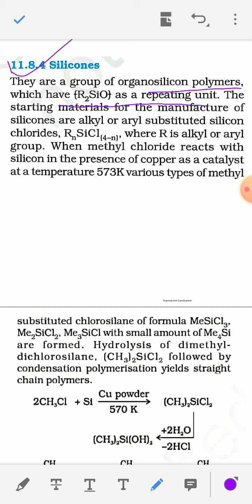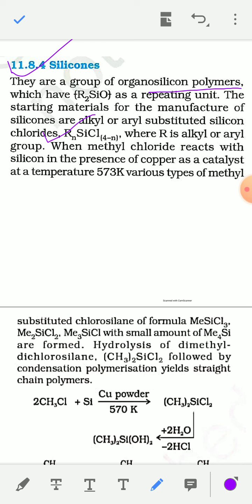The starting materials for the manufacture of silicones are alkyl or aryl substituted silicon chlorides, RnSiCl4-n, where R is an alkyl group or aryl group.